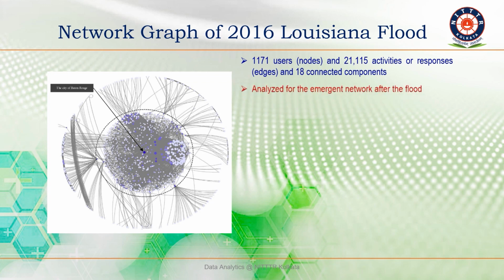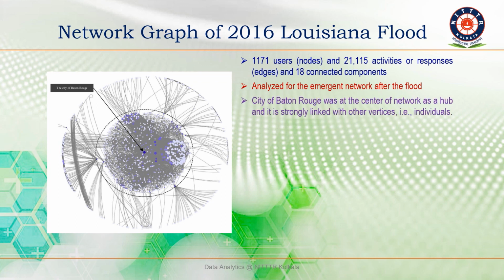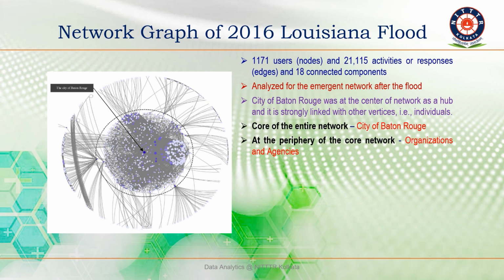These data have been analyzed for the emergent network after the flood. The city of Baton Rouge was the center of the network, basically acting as a hub, and it is strongly linked with the other vertices, which are called individuals. The core of the entire network is basically the city of Baton Rouge. At the periphery of the core network, organizations, agencies and other entities have been considered.